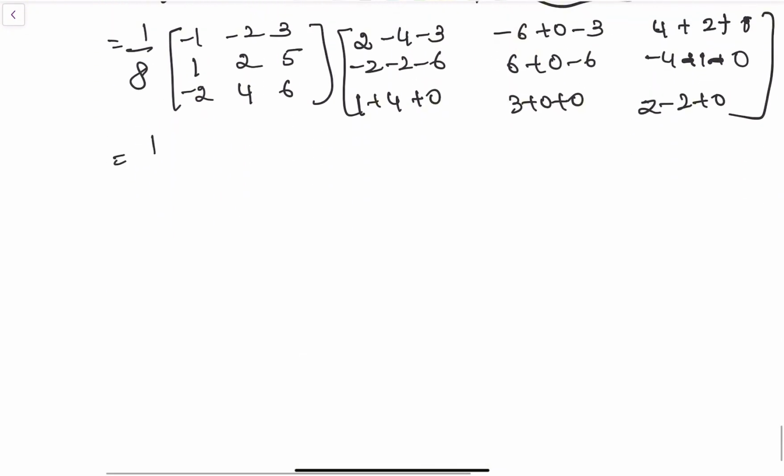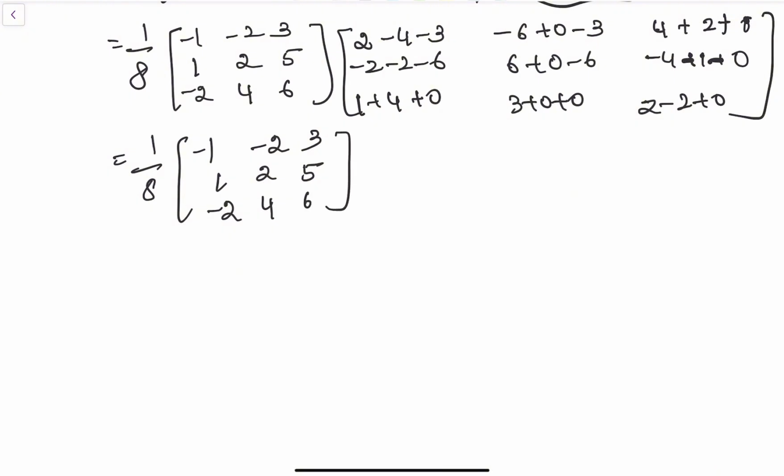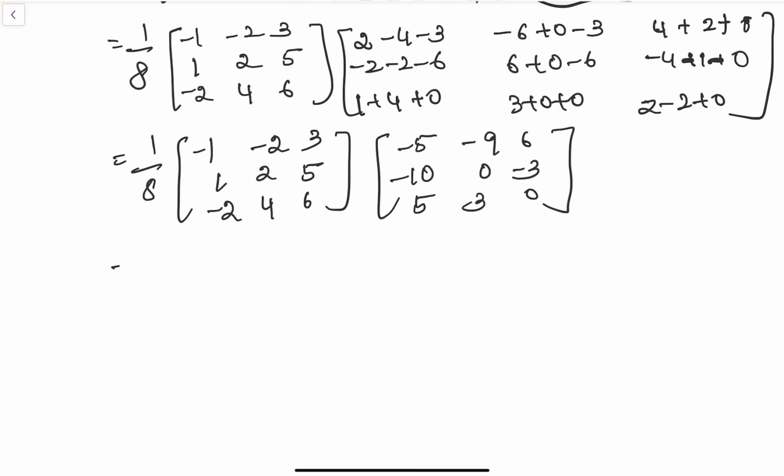So it is 1 by 8 into minus 1, minus 2, 3, 1, 2, 5, minus 2, 4 and 6. After solving this, we get minus 5, minus 9, 6, minus 10, 0 and 3, minus 3, 5, 3 and 0.